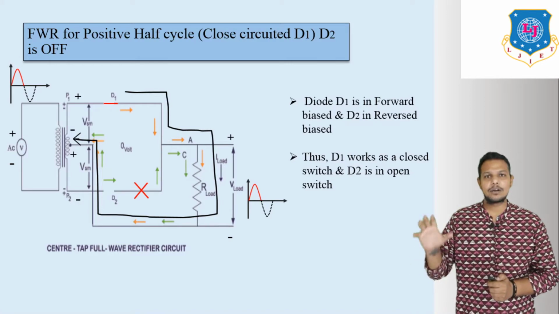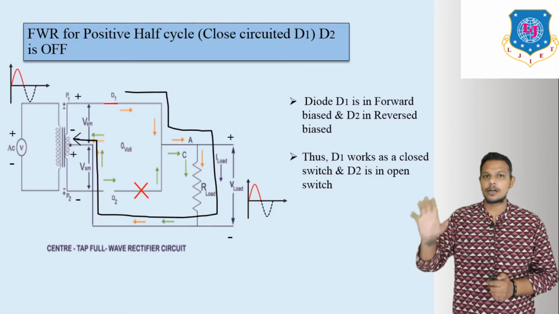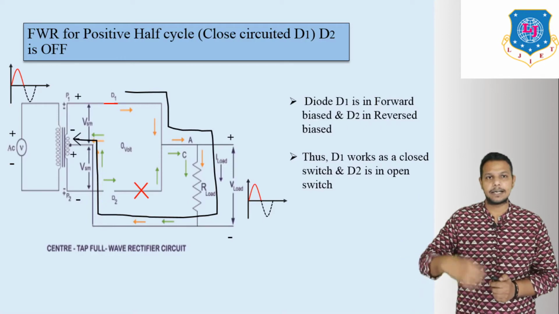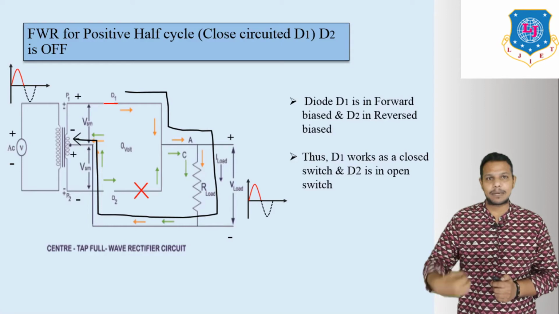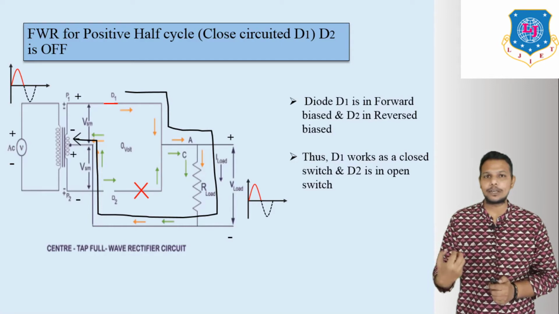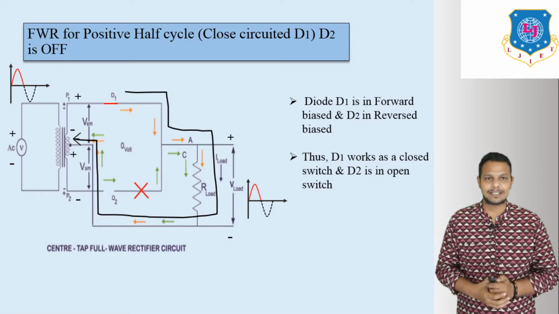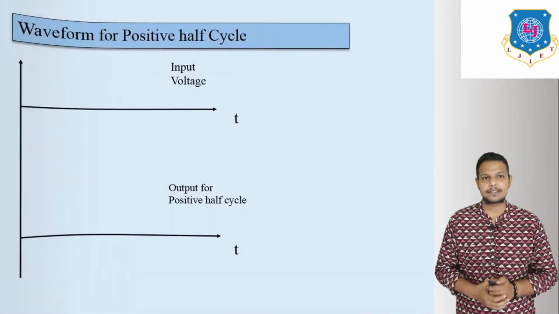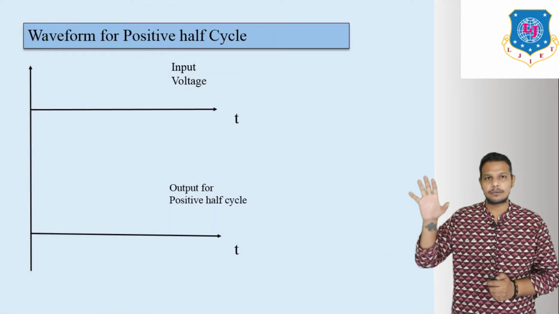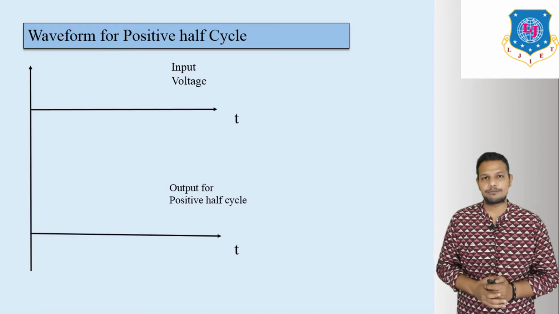So this is the full wave rectifier for positive half cycle, in which D1 becomes closed circuited and D2 becomes open circuited. Now next, this is the positive half cycle waveform.